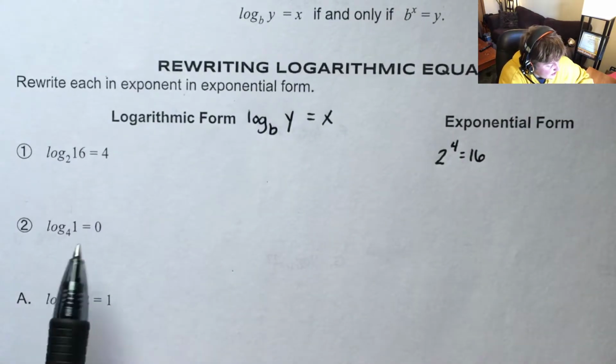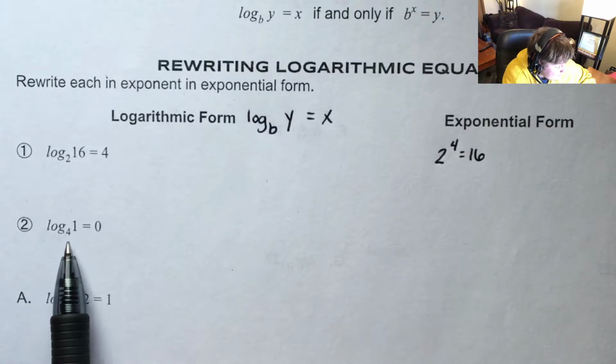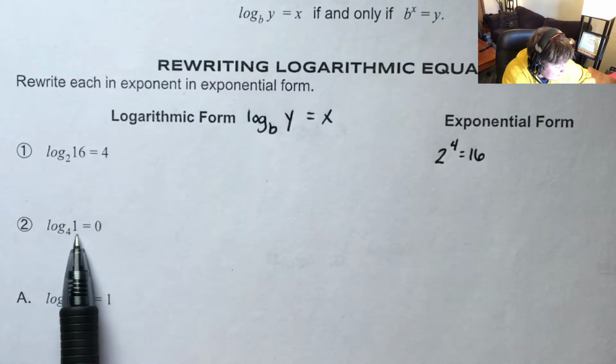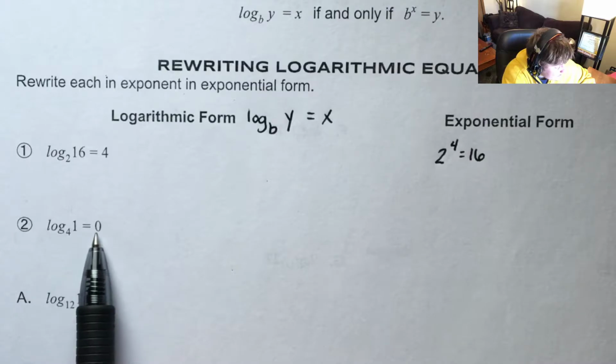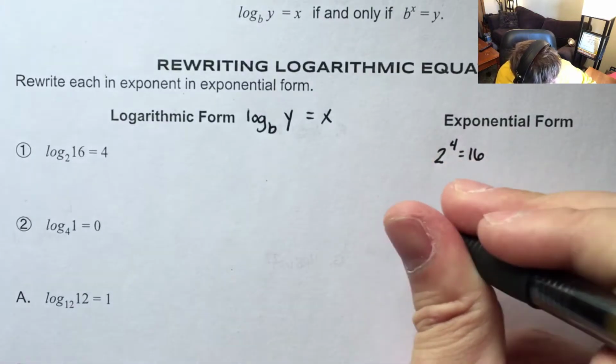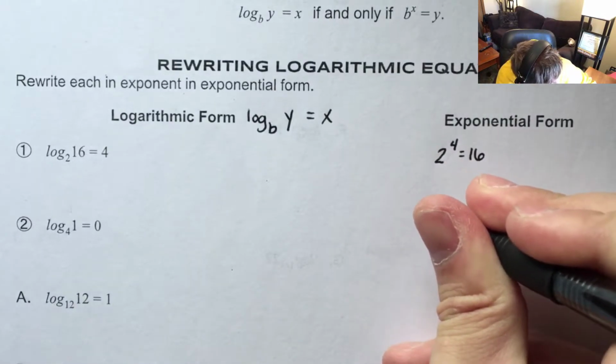This next one is saying when I raise 4 to the 0 power, I get 1. So 4 to the 0 power is equal to 1.